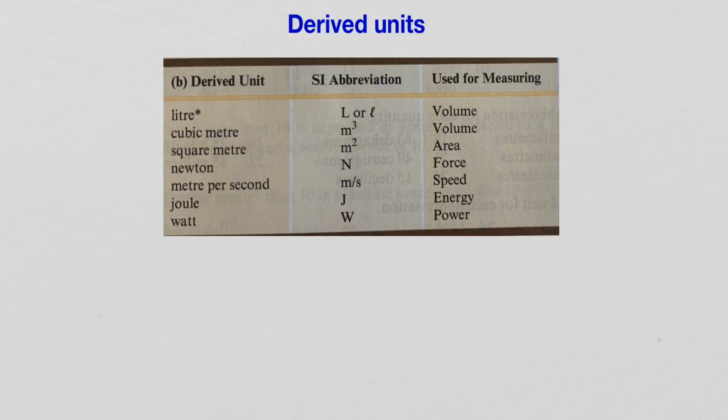So these derived units are made of some combination of basic units. As you can see here, for example, the unit for speed, meters per second, is the combination of the unit for length, meters, divided by the unit for time, seconds. As we will see later, the Newton, which is the unit for force, is equal to the product of the units for mass, the kilogram, the units for length, meters, divided by the unit for time to the 2nd power, and that is the second squared.